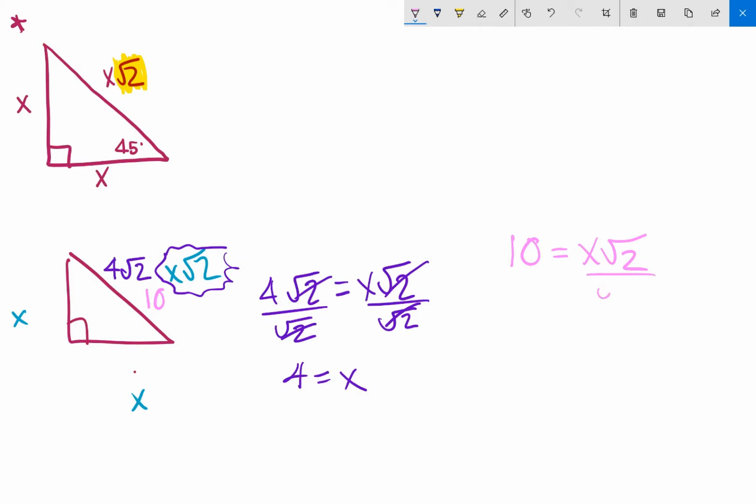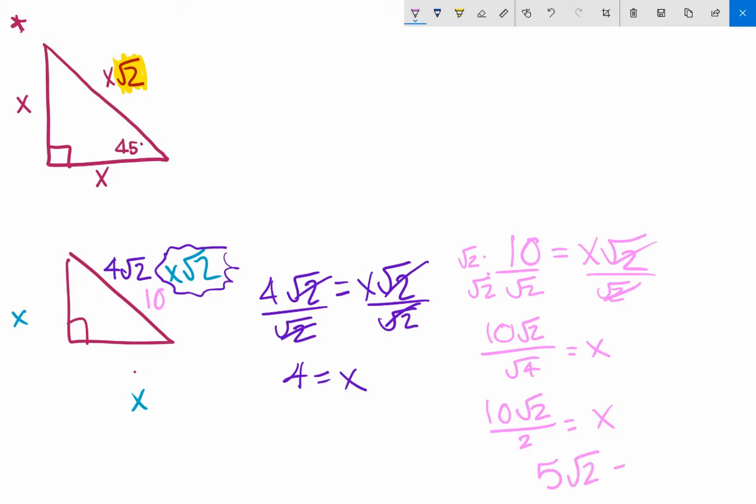So to solve this, I'm still going to divide by the square root of 2, but it cancels out on the right. And on the left, you have to rationalize. So we're going to have to multiply both the top and the bottom by the square root of 2. So on the top, we have 10 square root 2, and then the square root of 2 times the square root of 2 is the square root of 4. And then most of you already know we have 10 square root of 2 divided by 2 equals x. And then finally, 10 divided by 2 is 5 square root 2.